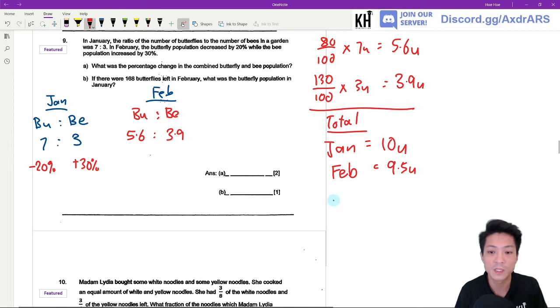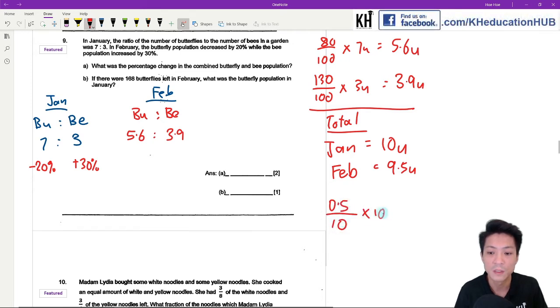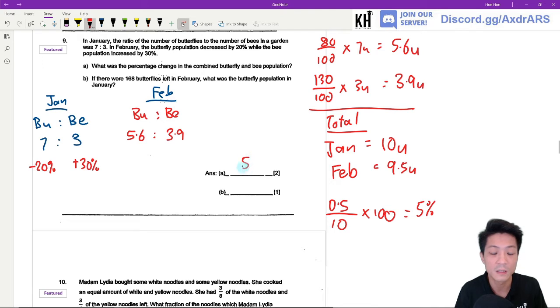To find the percentage change, I use the unit change, 0.5, divided by the original units, multiplied by 100. This gives me 5%. This is the answer for part 1.